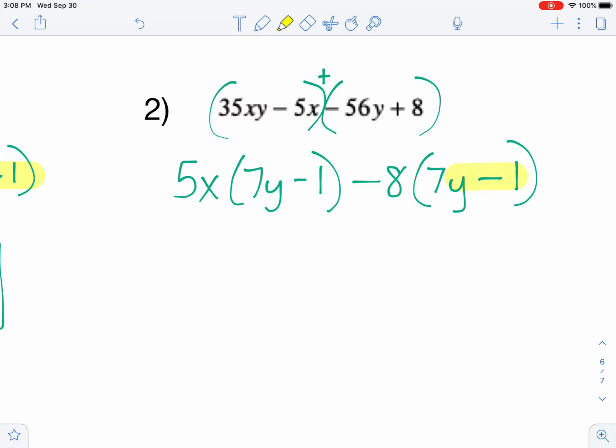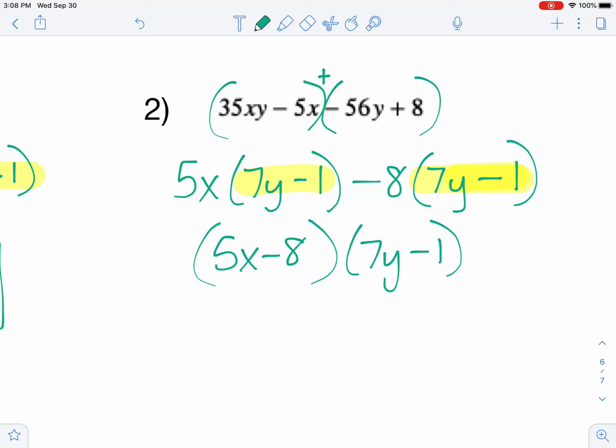Again, I knew it had to be minus 1 because I knew these two had to match. That's the GCFs put together, and the repeated factor goes second.